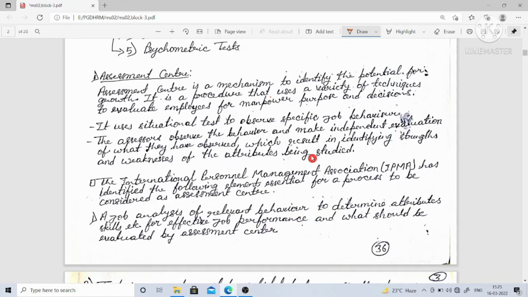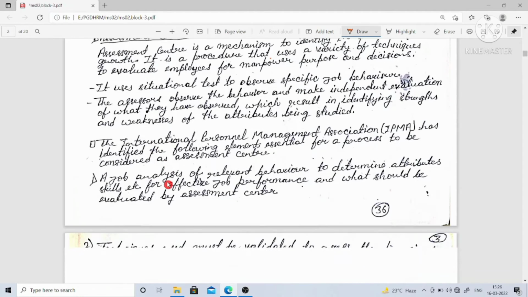Means assessors observe the behavior of the individual, and by observing it, the strengths and weaknesses are identified by the assessors.